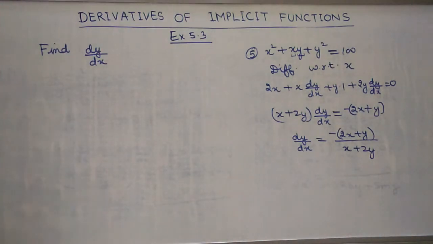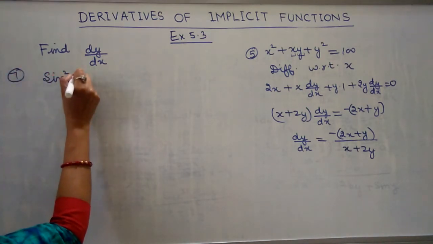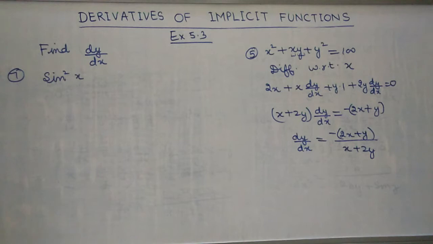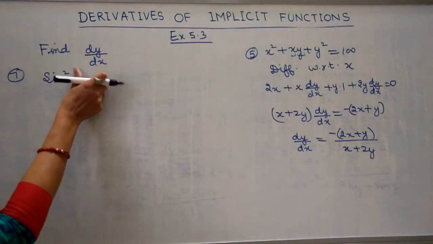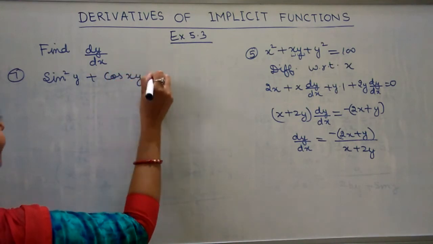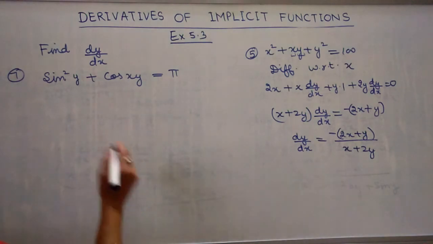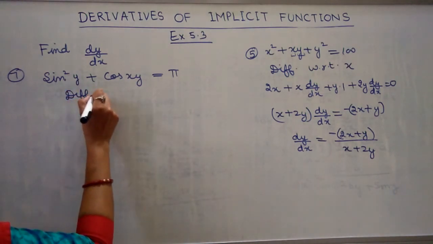Okay, question number 7 is sine square x plus sine square y plus cos xy is equal to pi. You have to solve this one. How can you differentiate with respect to x?